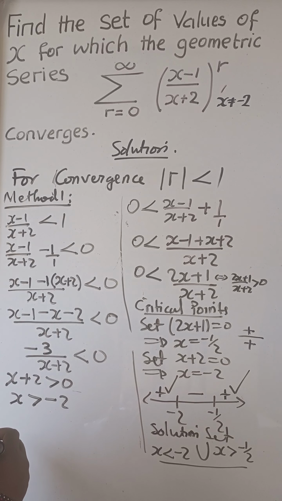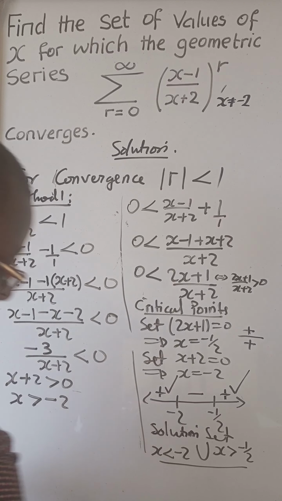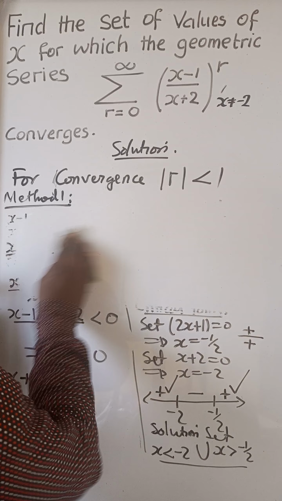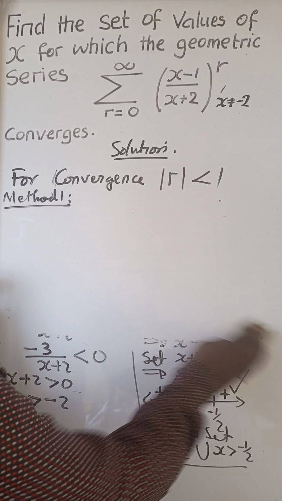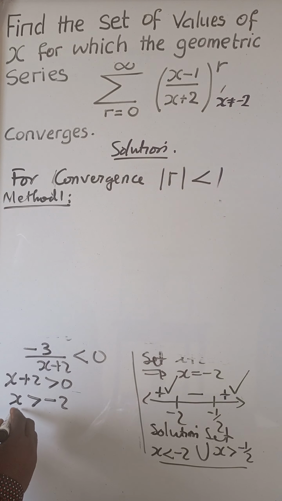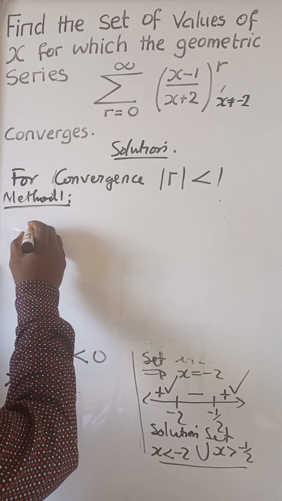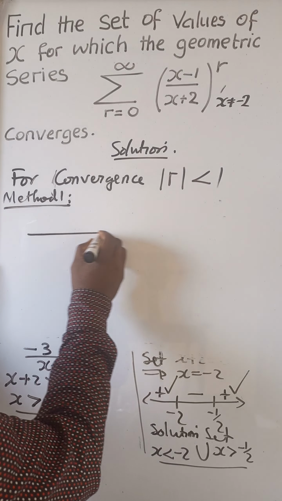Alright, so what then is our solution for method 2? Our solution for method 2 is the intersection of this solution and this solution. Let's do the intersection up here. Let's take this first solution and show it on the number line.